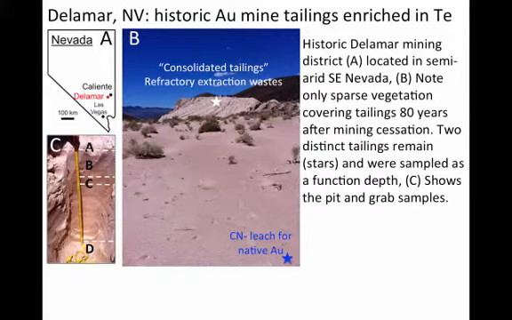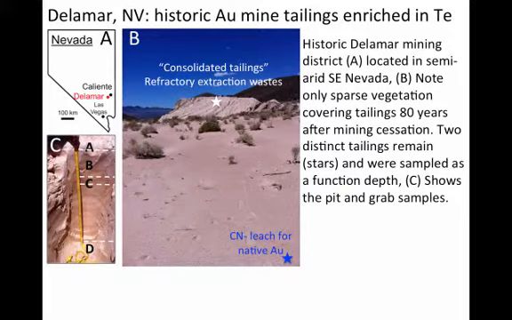I have a scale bar to show how large the state of Nevada is, and how far away Delamar is from Las Vegas, a pretty large population center. Then I have a picture of the site. You can see that there's sparse vegetation. It looks like an arid, probably a semi-arid type of environment.